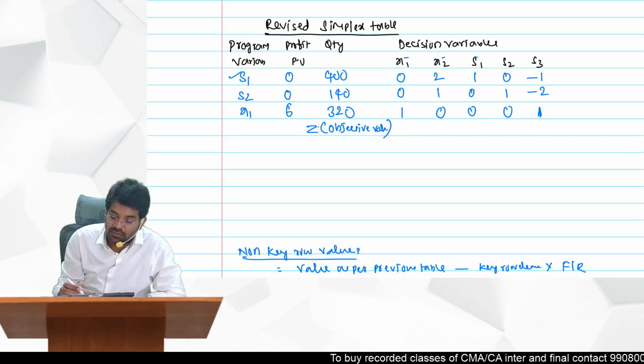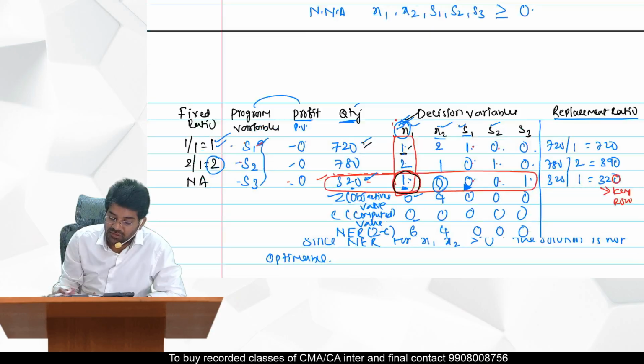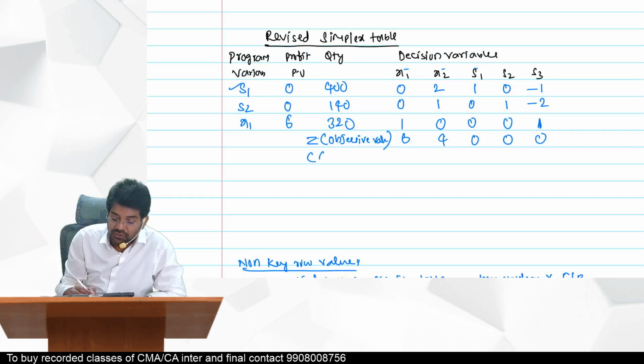So that is the profit per unit. That will not change actually throughout simplex tables, it will remain the same. Now C, computed value. What is the meaning of computed value?